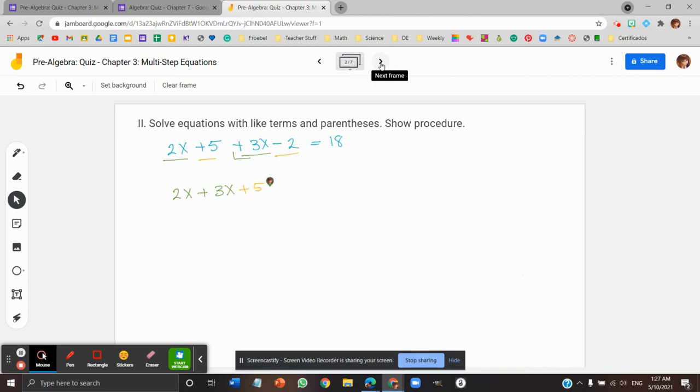Plus 5 minus 2. And then, of course, I put everything that is on the other side of the equation. Now I can solve it, right? I can combine my like terms. 2 plus 3 is 5x. 5 minus 2, it is 3.